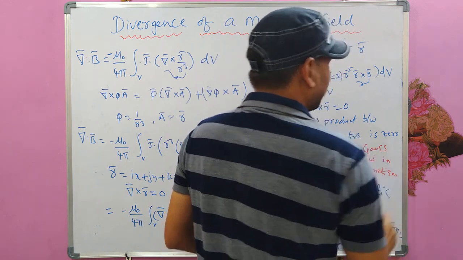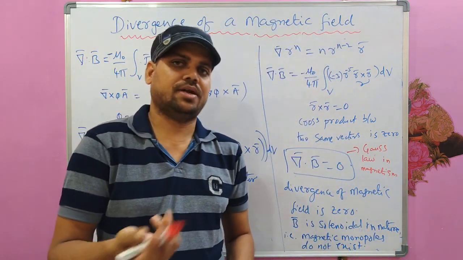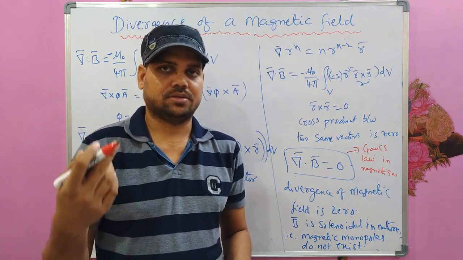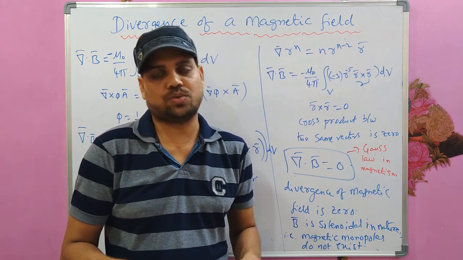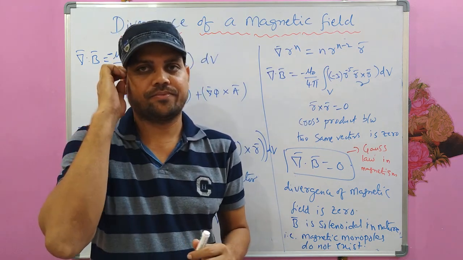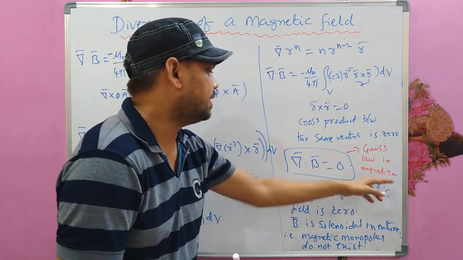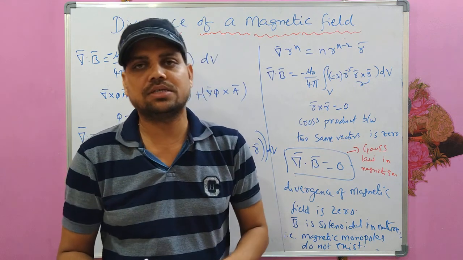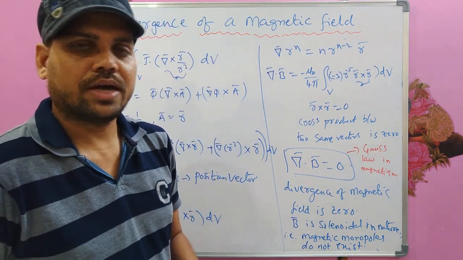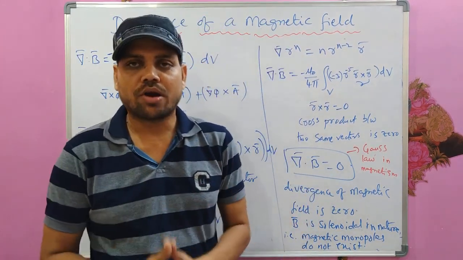This is true for all magnetic fields, time varying magnetic fields, the magnetic field produced by time varying currents also, not only for steady currents. So Gauss law in magnetism is del dot B is equal to 0, which confirms that magnetic monopoles are not existing.